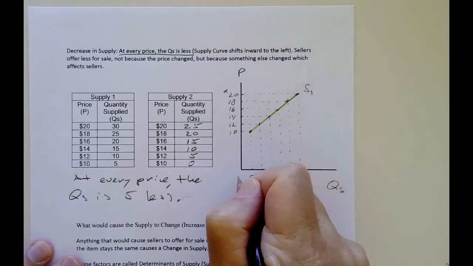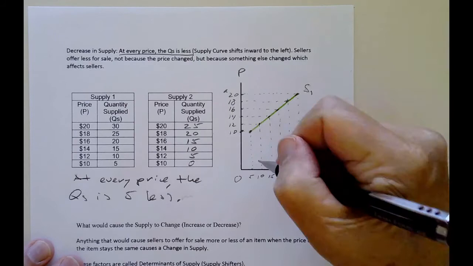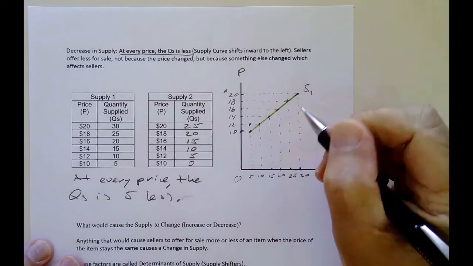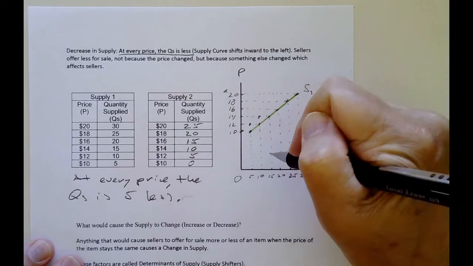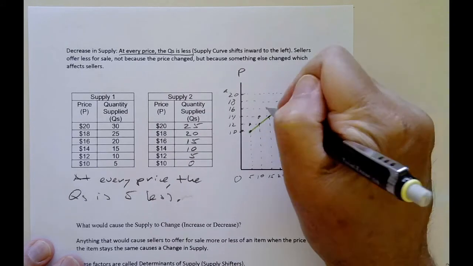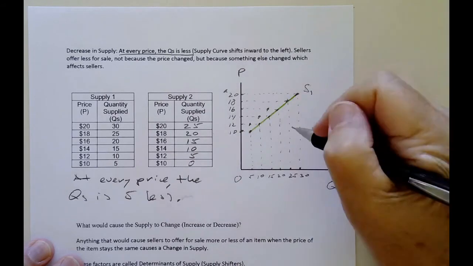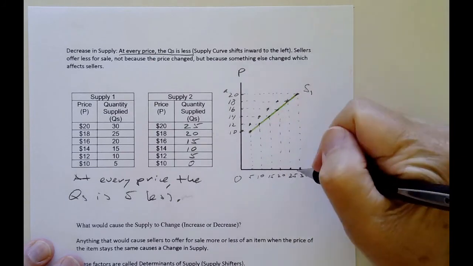So here at $10 we now have 0 quantity supplied. At $12 we have 5. At $14 we have 10. At $16 we have 15. $18 we have 20. And $20 the quantity supplied is 25.